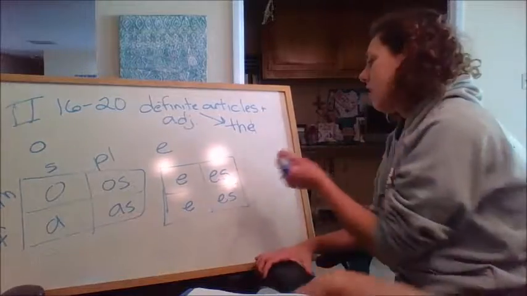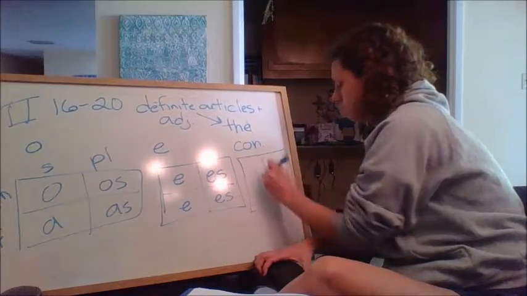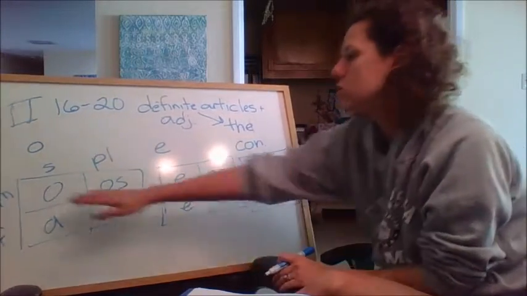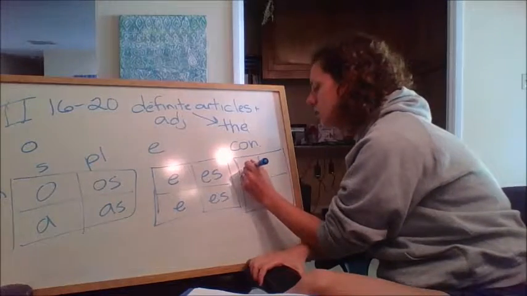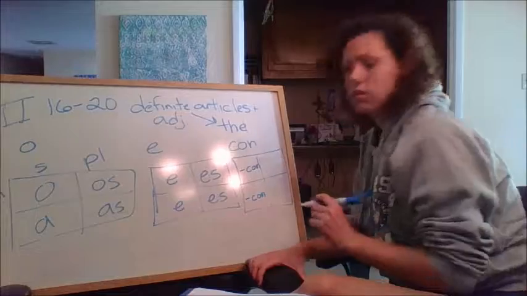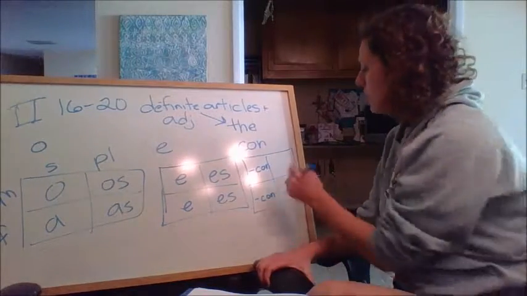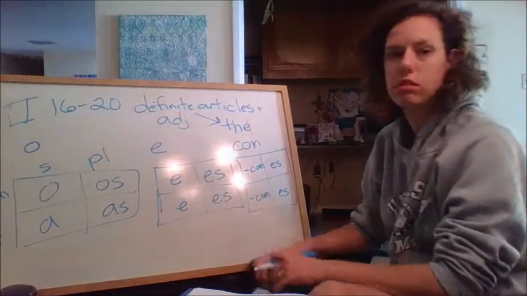If I have a consonant like difícil, so these are my masculine and feminine, this is going to stay a consonant. The only thing is, if it's plural, we add an ES. That's it.